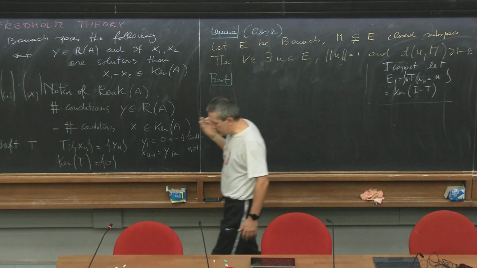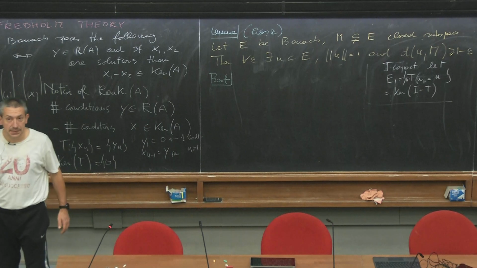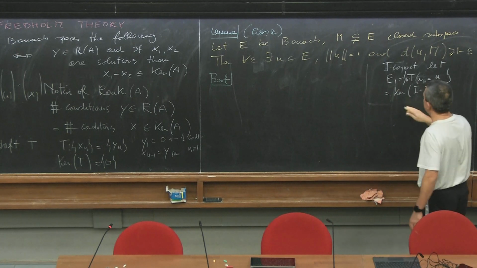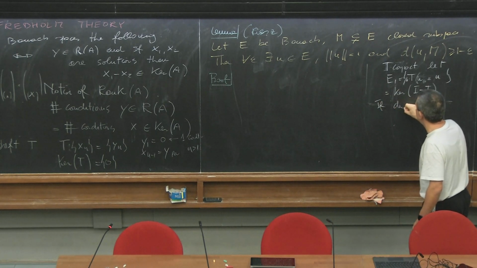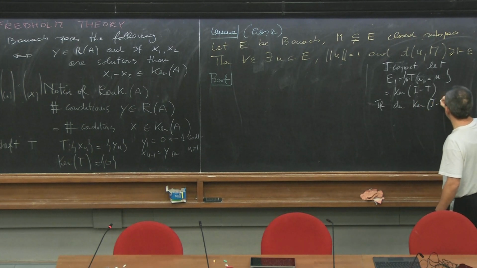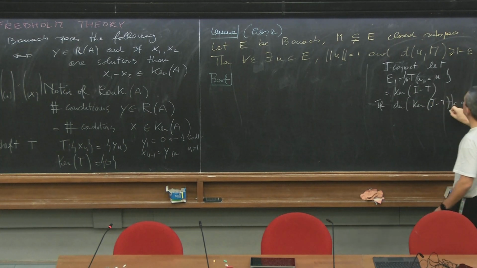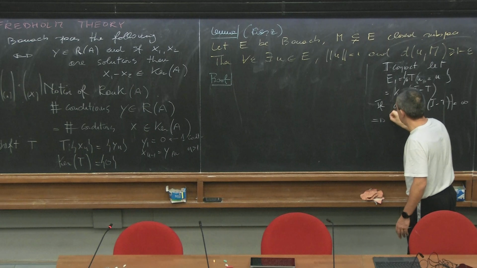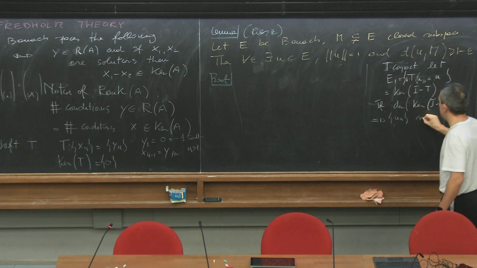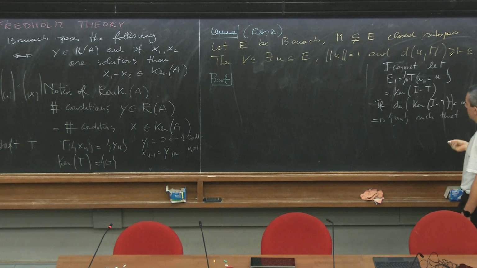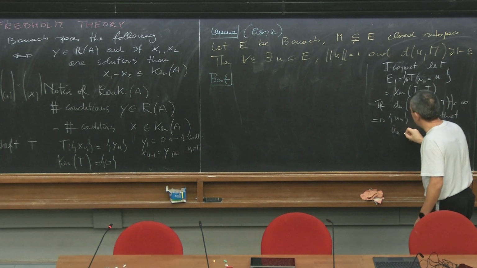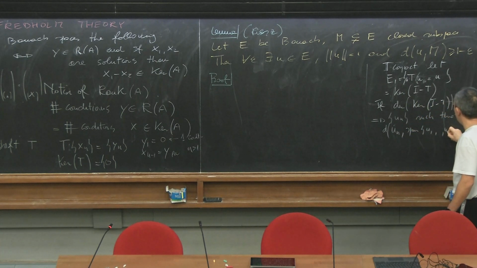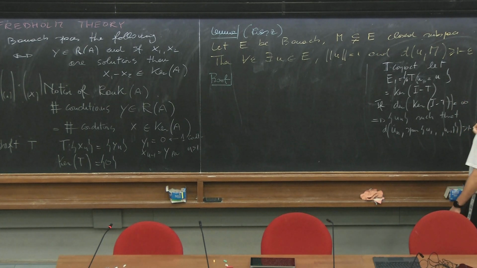So the question is, what is the dimension of the kernel? T being compact, if the dimension is infinity, then I construct by this lemma a sequence un such that the distance of un from the span of u1 up to un minus 1 is larger than 1 minus epsilon.